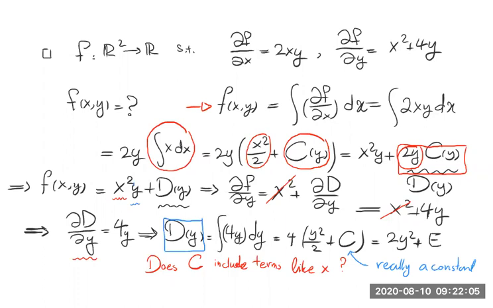Now I can combine these two things to get the function f. So here, what I know is that f of x and y is x squared y plus d of y, where d of y itself is equal to 2y squared plus e.